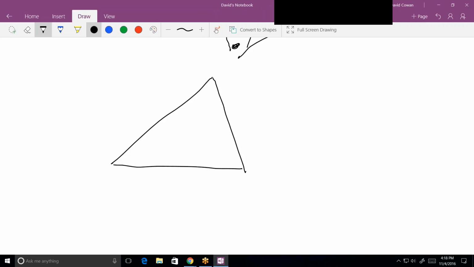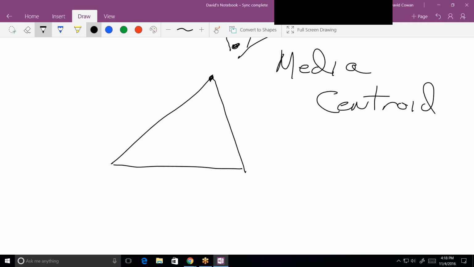Well, to get the centroid, you do the median. In other words, you start from the vertex. This is called a median, and it produces the centroid, which again is the center of mass. So to me, this is the most important center. And you connect it to the middle of the other side, like this.